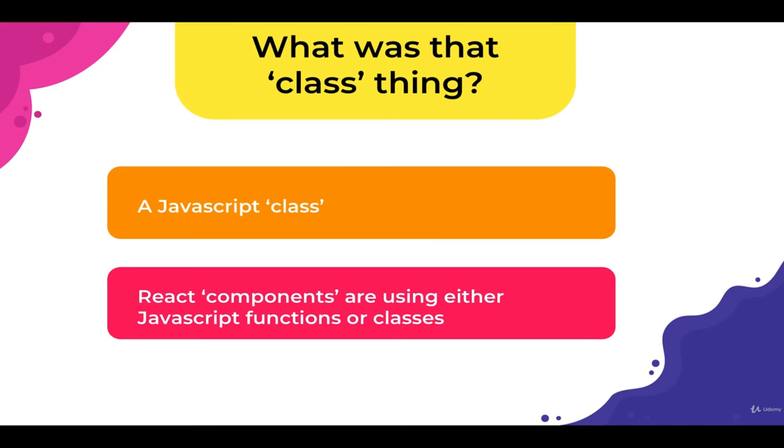Now, the class itself was creating something called a React component. So a component is one of the most basic pieces of React, and in this course, we're going to build a tremendous amount of different components.